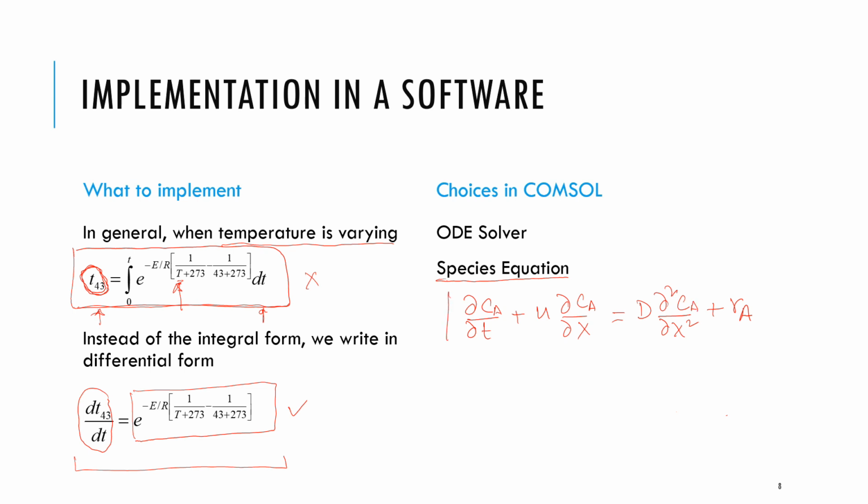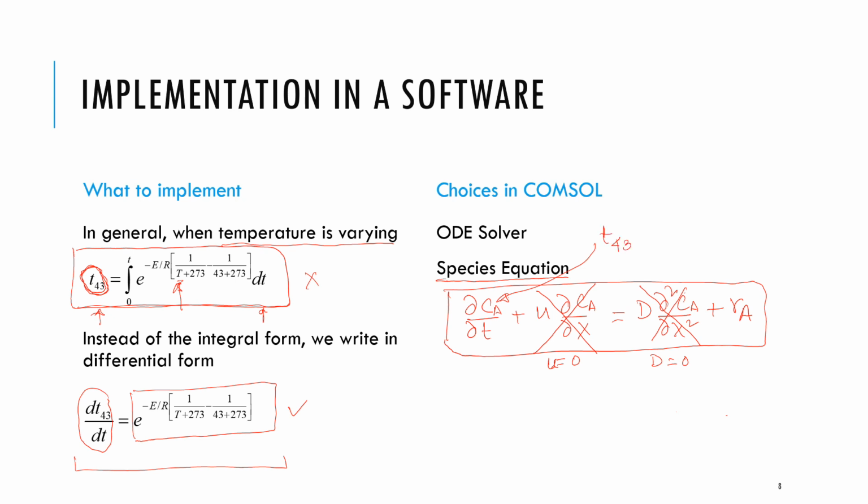If a solver is there for this equation, then all I have to do is set u equal to 0, so that drops out this term. Set D equal to 0, so those two terms drop out. Now my concentration C_A is this T43.